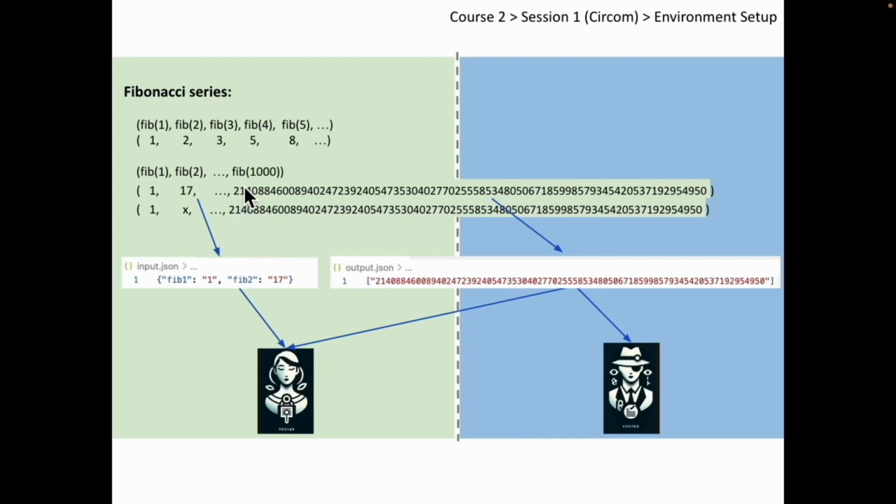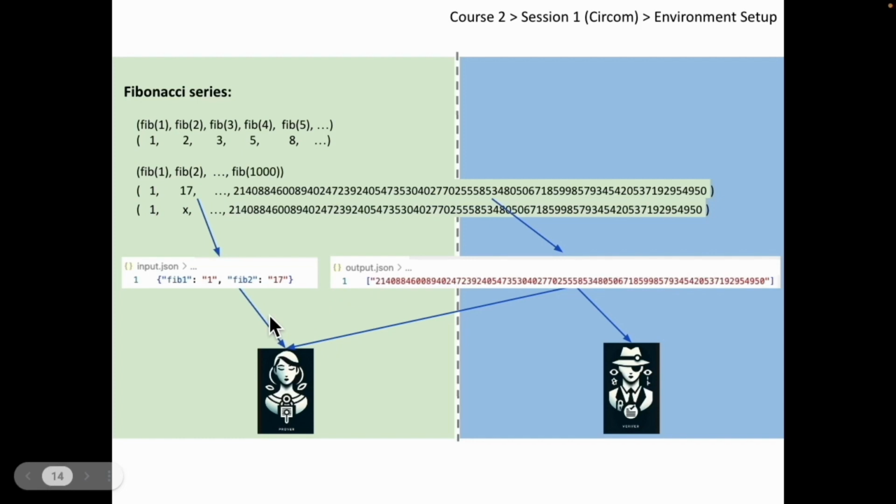Now assume the prover has a secret X that she does not want to reveal or share with the verifier. However, she claims that she knows X as the second element of a Fibonacci sequence, such that the 1000th Fibonacci number is equal to this large number. We put these two elements, 1 and 17, in the input.json file and this large number as the output in the output.json file.